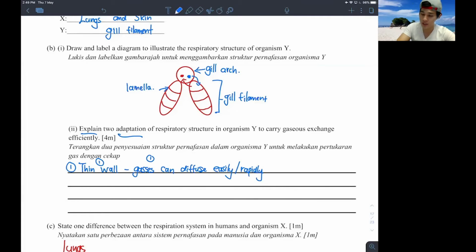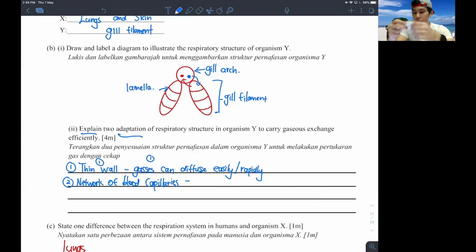Other than thin, what else can I say? So gill filament has thin wall and, okay, yes, has network. Try to remember this keyword here, network of blood capillaries.